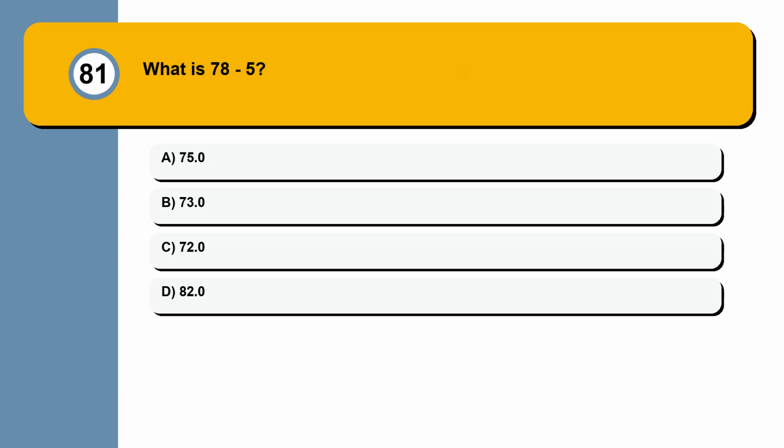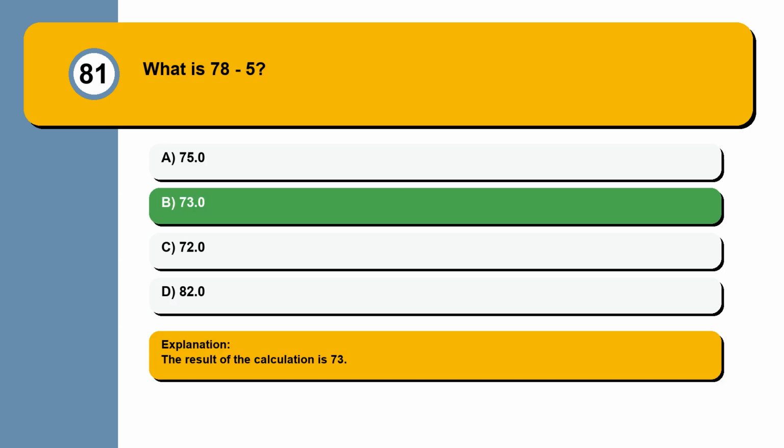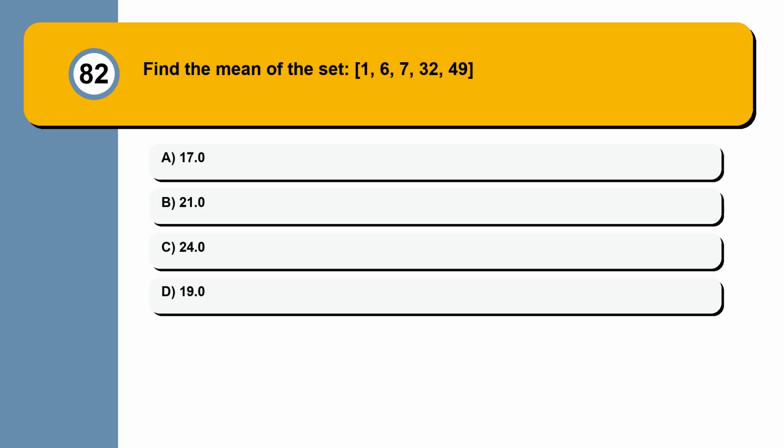Question 81. What is 78 minus 5? 75.0, 73.0, 72.0, 82.0. The result of the calculation is 73. Question 82. Find the mean of the set 1, 6, 7, 32, 49. 17.0, 21.0, 24.0, 19.0.